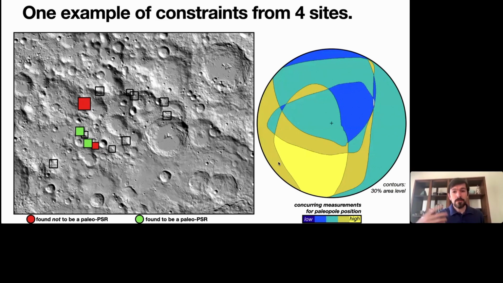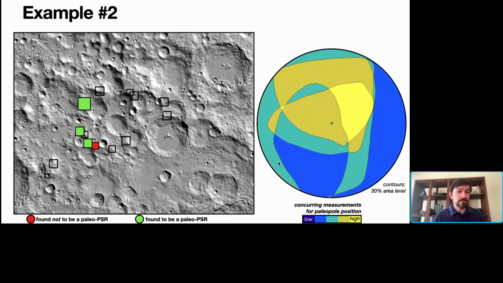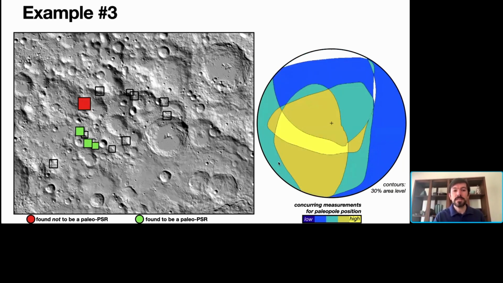And so now, if we have another set of measurements we get back, that would define another region, and another example again, right? So depending on what we get in terms of actual measurements from the ground, that will define where the most likely paleopoles were. We haven't done that yet, but one of the next steps would be to see which set of Artemis regions would be most sensitive to paleopole position.